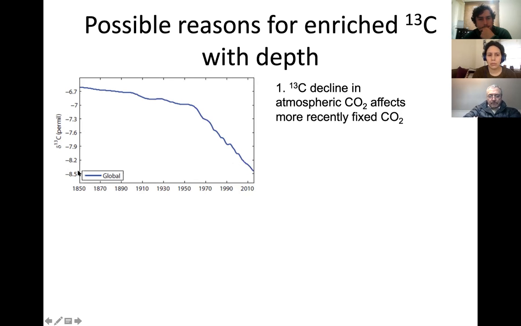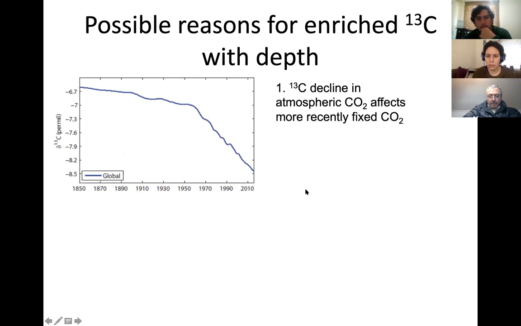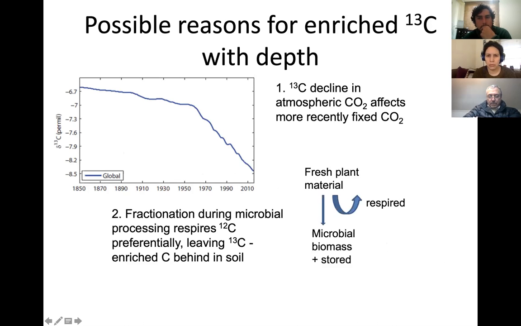And you can see that the decline is about 2 per mil if we go up to about 2020 overall. So if the carbon at the surface is much, much younger than the carbon deeper, then that must be at least some portion of the signal that we see, although probably it doesn't explain all of it.